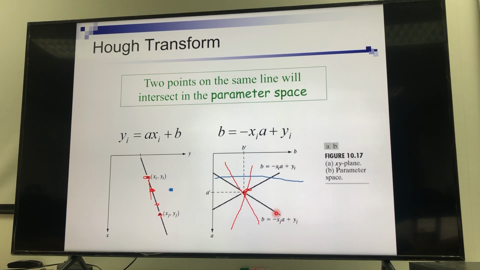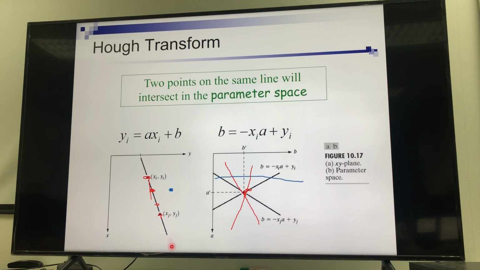Have to think backward. He says, I can change these equations into b equal to negative xi times a plus yi. This is also an equation for a straight line, but the horizontal axis is a, the vertical axis is b. On the left, the horizontal axis is x, the vertical axis is y.